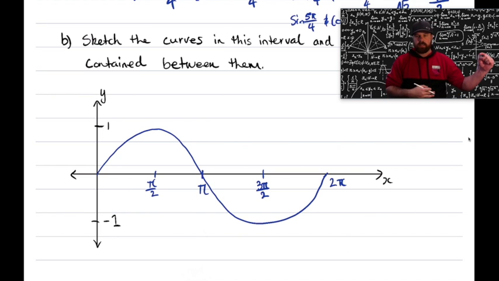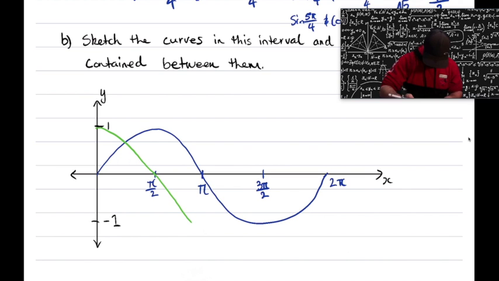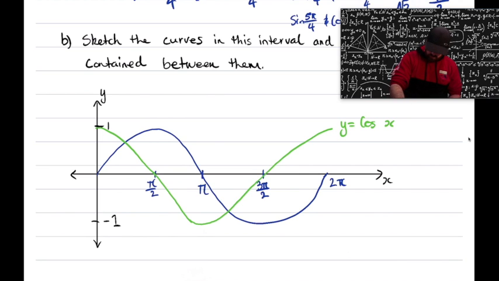Cosine, remember it starts at 1, it's 0 at pi on 2, minus 1 at pi, so I need to come down here, reach -1 here, come up through here, and finish back at 1. So that's y equals cos of x.